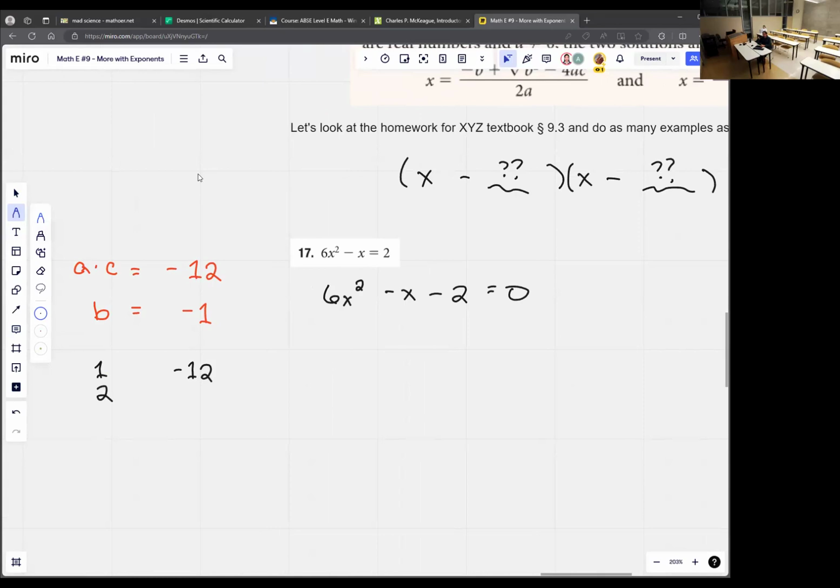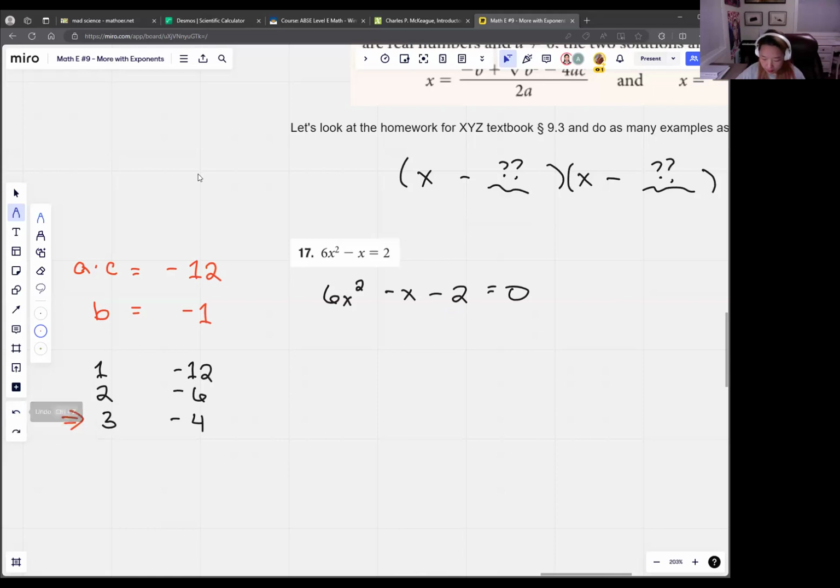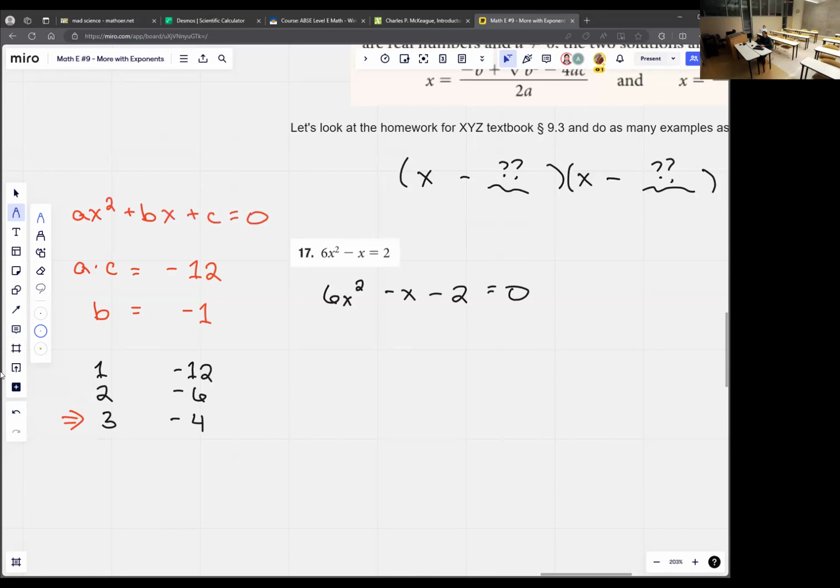No. 2 and -6 work? No. 3 and -4 work? Sure, ta-da. Those multiply to -12, the A part times C part, and they add up to the B, right? The -1, the thing on the X. Because all of this was assuming you had ax squared plus bx plus c equals 0.